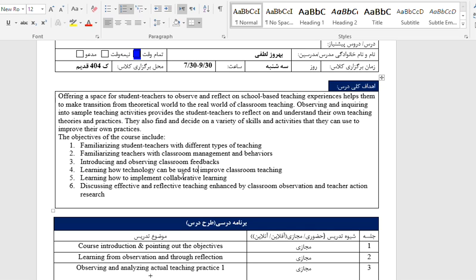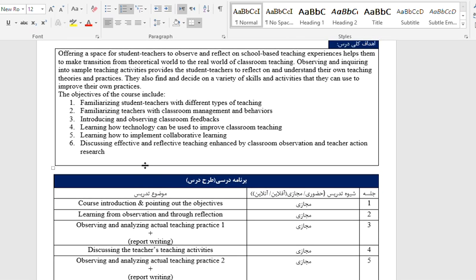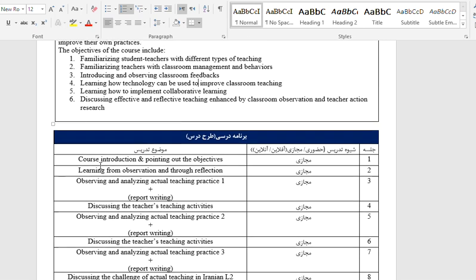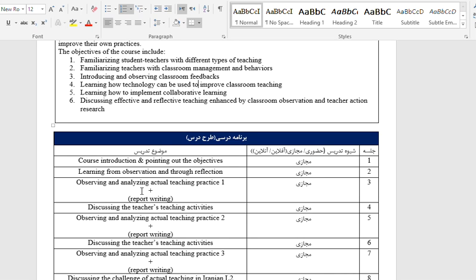So inquiry into teaching practices and reflection on teaching practices are of great significance in this course. I try to analyze teaching practices and ask you to analyze them, and to think about them and reflect on your own actual theories and practices.